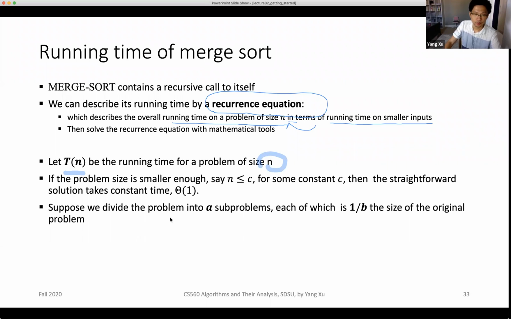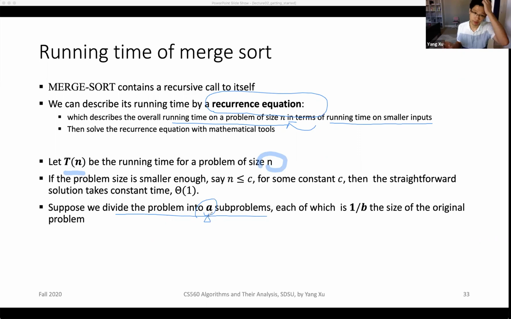We also assume that each time we divide a problem into subproblems, we divide it into a subproblems. This number could change, because in merge sort we divide the problem into 2 subproblems, but it is not necessarily always 2.